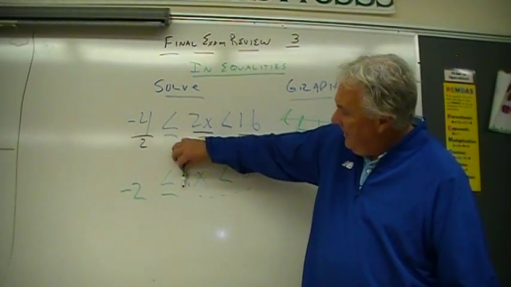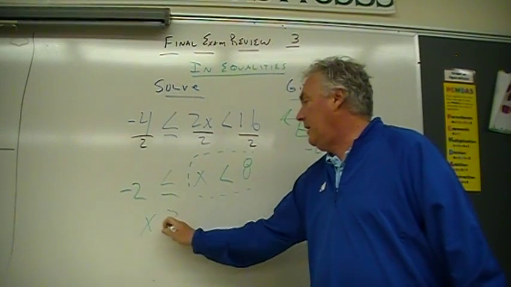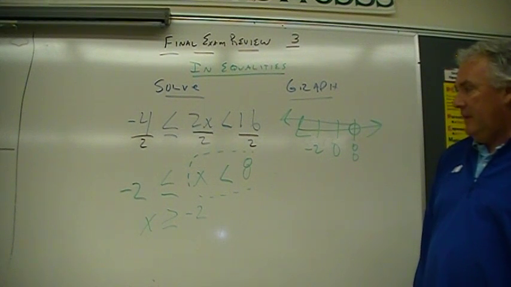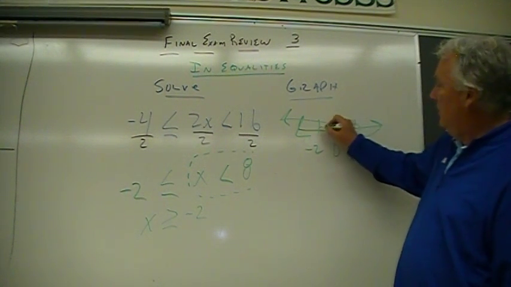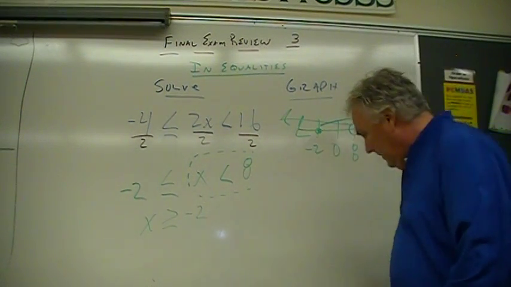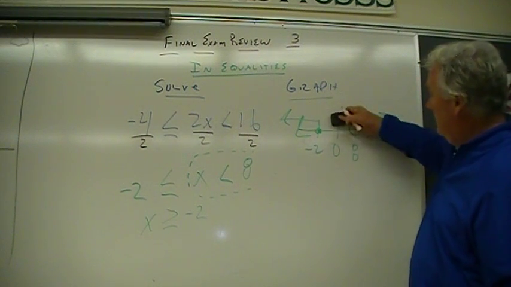X is greater than, because it opens up to the x. We could also rewrite it like this. X is greater than or equal to -2. So that means closed circle this way. And our answer is going to be where they cross over.